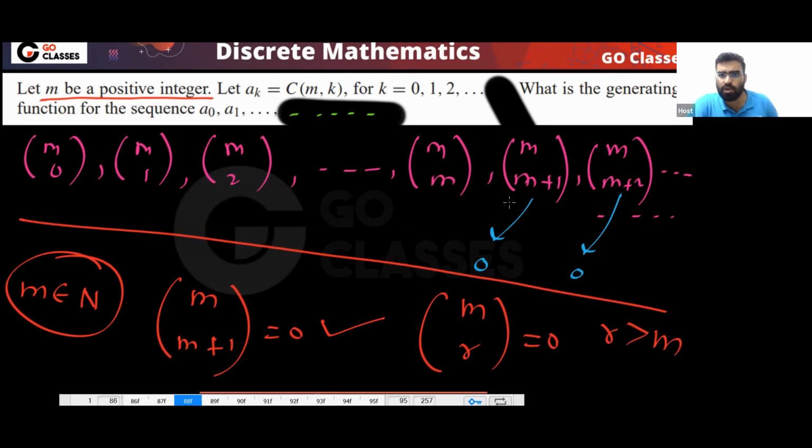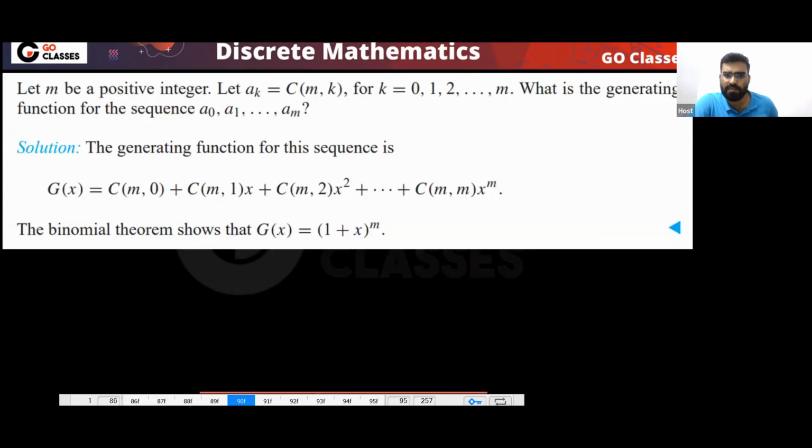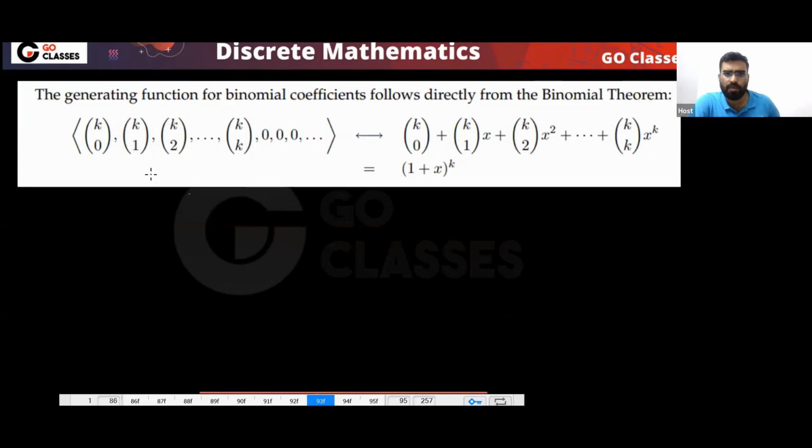Ultimately you have only this, and all the remaining terms will be 0. So what will be the generating function? That will be the same, (1 + x) power M. The answer will not change, because the remaining terms are all zeros.